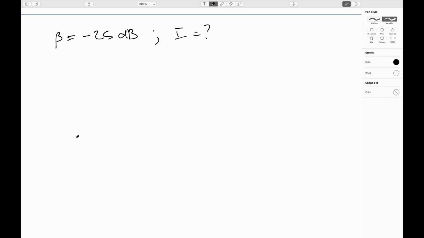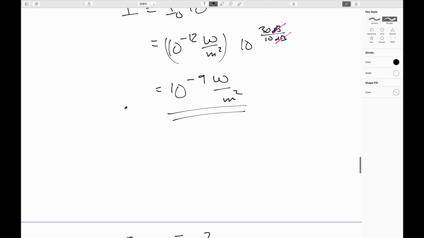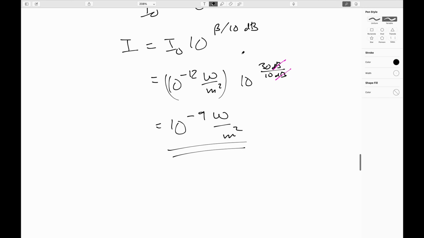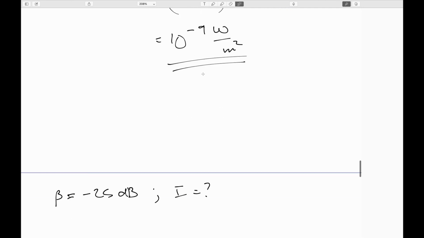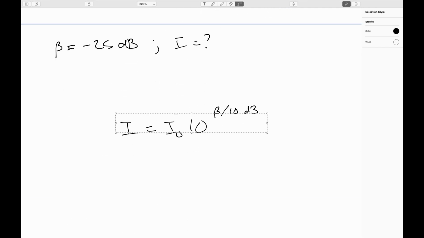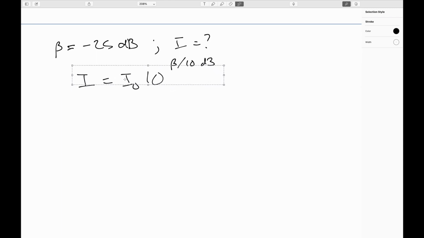Well, we can recycle the exact same result we had right here. This is why using letters is awesome. So I will just recycle the result because nothing really changed here, and just put in the new values.